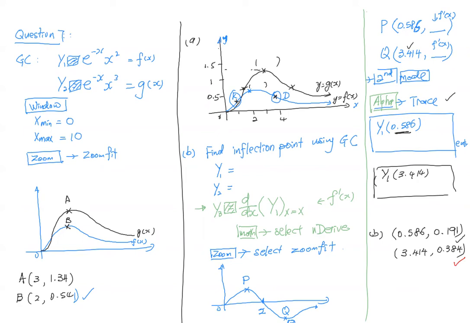So class, to get these 2 marks, these are the things that you need to do. You use your GC. You don't show it to the examiner. For this question, if you learn how to use your calculator well, you don't have to have algebraic skill. You can get 4 marks.